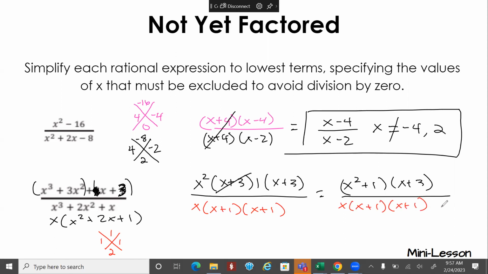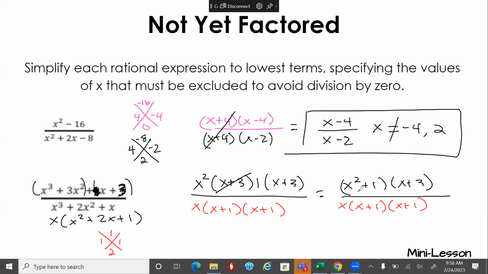Can we cancel anything out? No, you can't, because this says x squared plus 1. The whole thing isn't squared, just x squared plus 1. And can you break this down anymore?